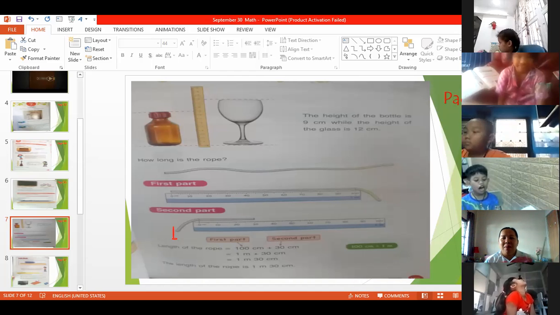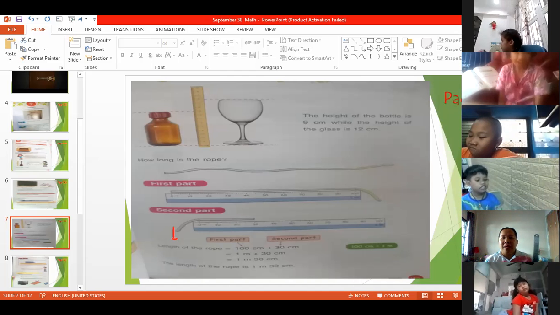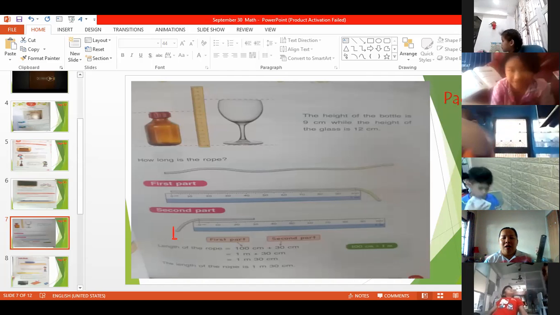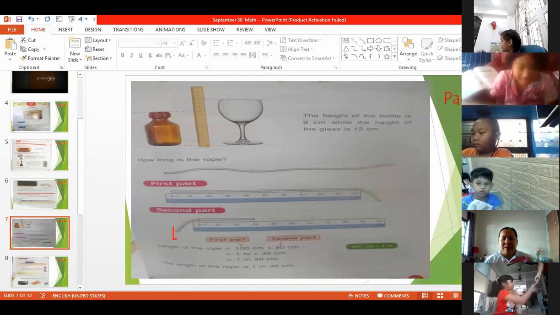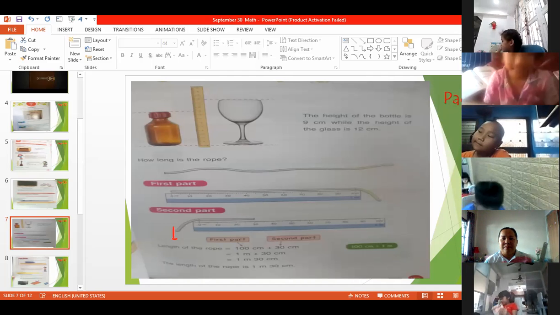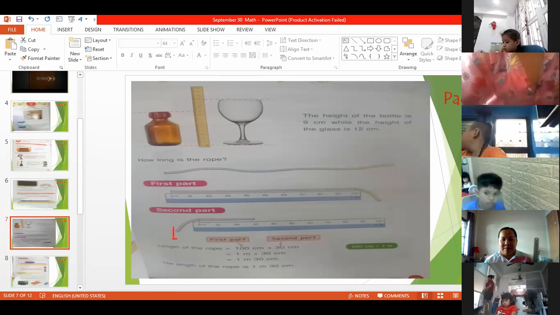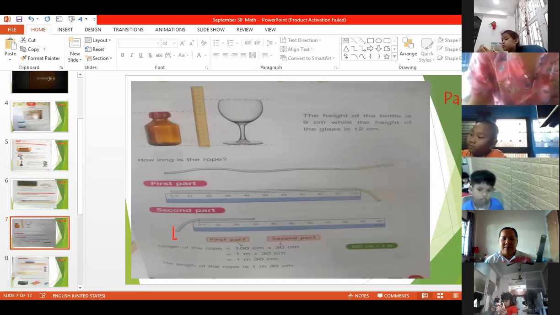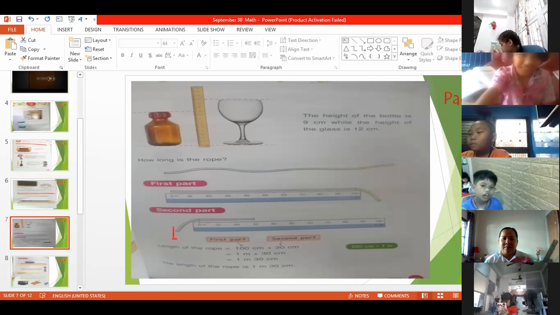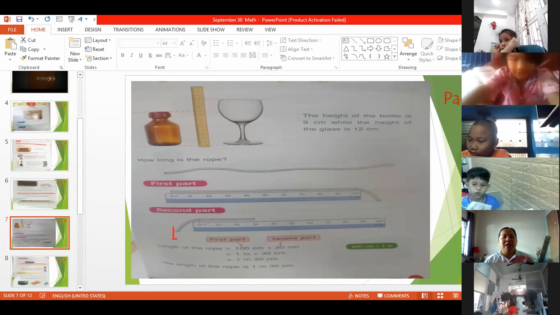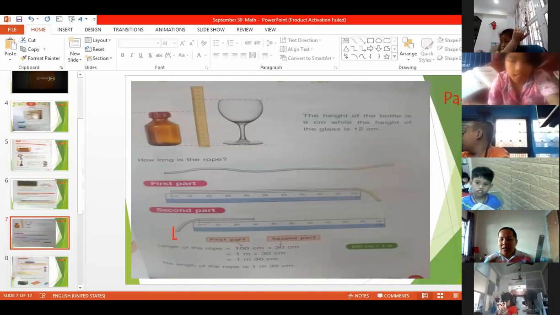Who else? How about you, Nawi Priya? What is the height of your glass? What is the height of your glass? China Chot, did you measure your glass?